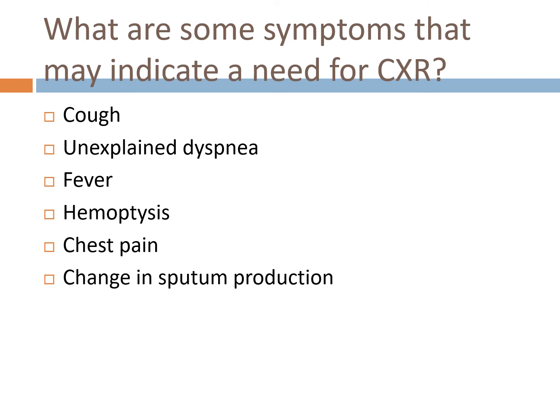I think about inpatient kind of stuff, but outpatient things too, as far as why they would order a chest X-ray. Obviously, change in sputum production, whether it be color or amount. Having chest pain that has been ruled out for any cardiac issues might definitely be an indication for a chest X-ray.